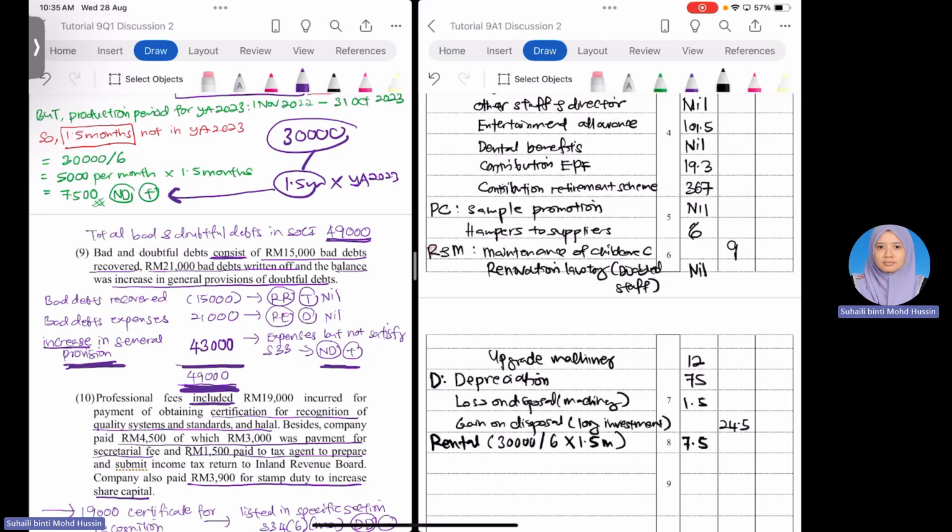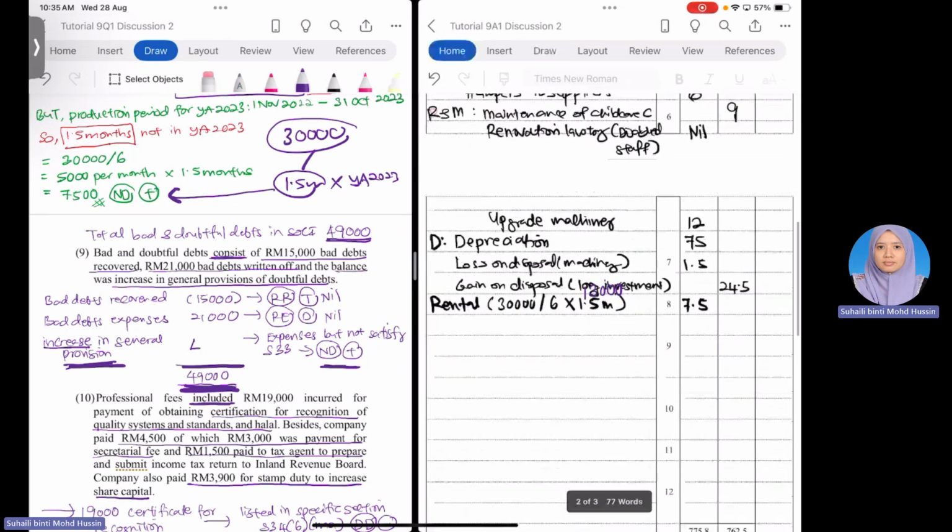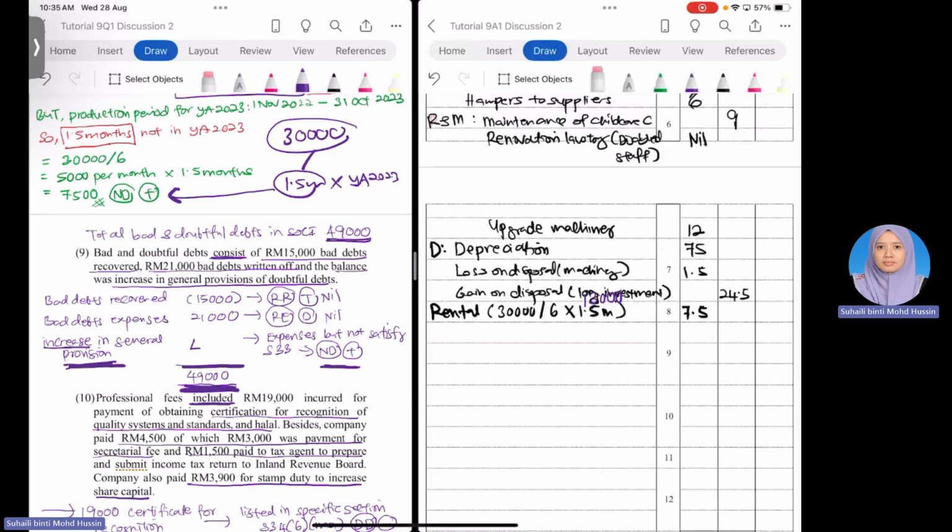Okay, so now we have to record the items. For the first item, you have bad debt recovered. Bad debt recovered is revenue. That's why I put the column there to differentiate that this amount is actually revenue.